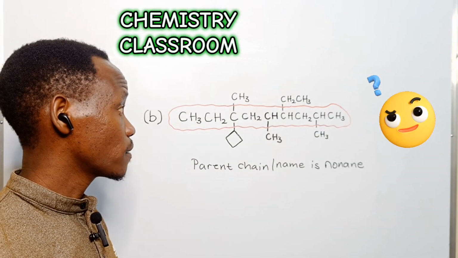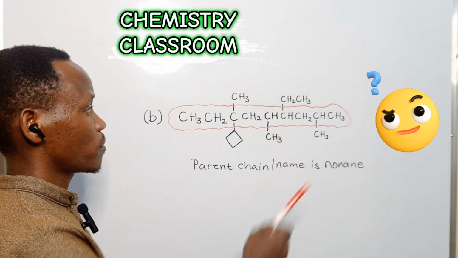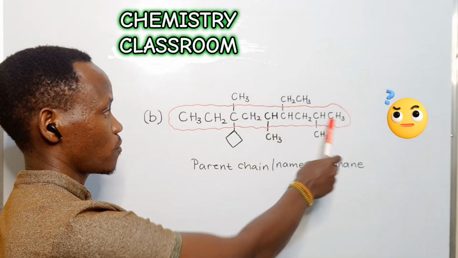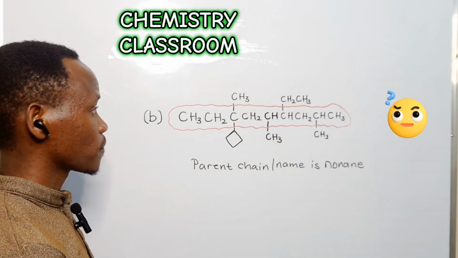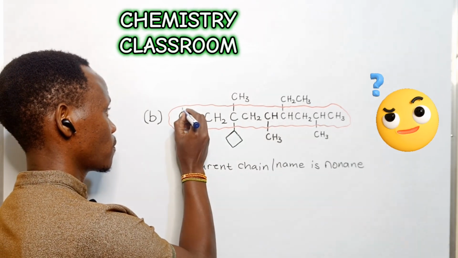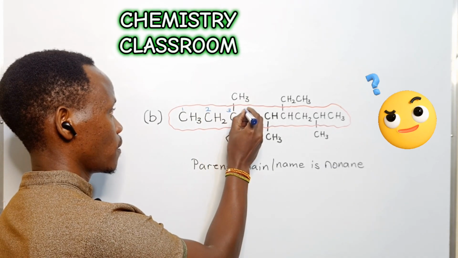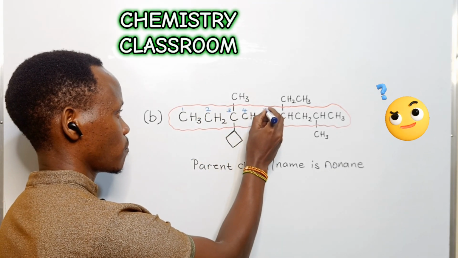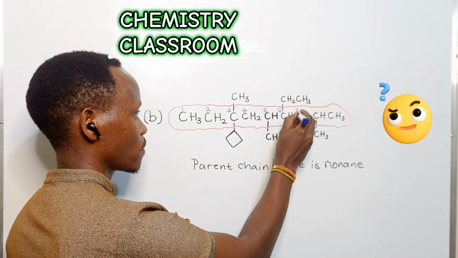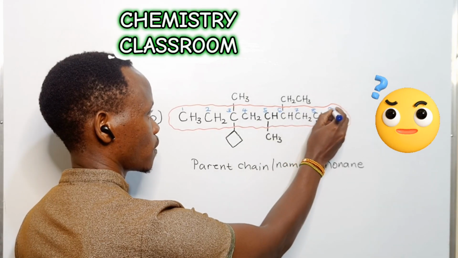The second guideline is that we are supposed to assign numbers to carbon atoms on the parent chain from the start to the end of the chain, and from the end of the chain to the start of the chain, which we do as follows. This is number 1, number 2, number 3, number 4, number 5, 6, 7, 8, and 9.